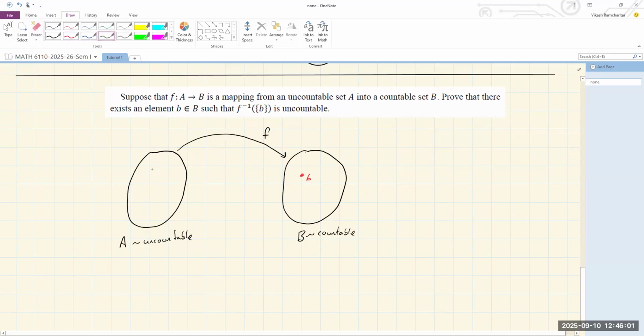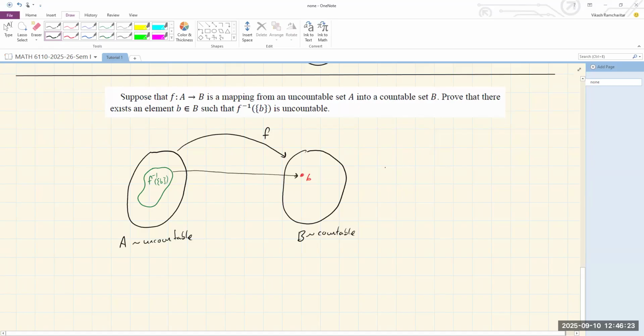Actually, let me do a different color. So this set here is the pre-image of b. That means when you apply f to this set, it maps all those elements to b. That's what the pre-image is.